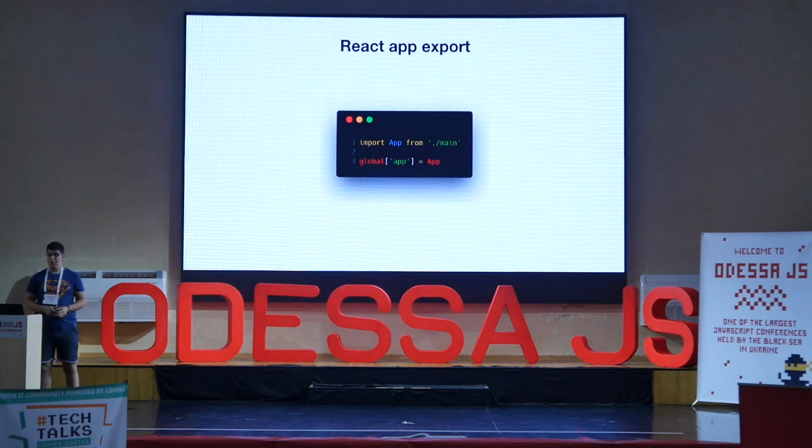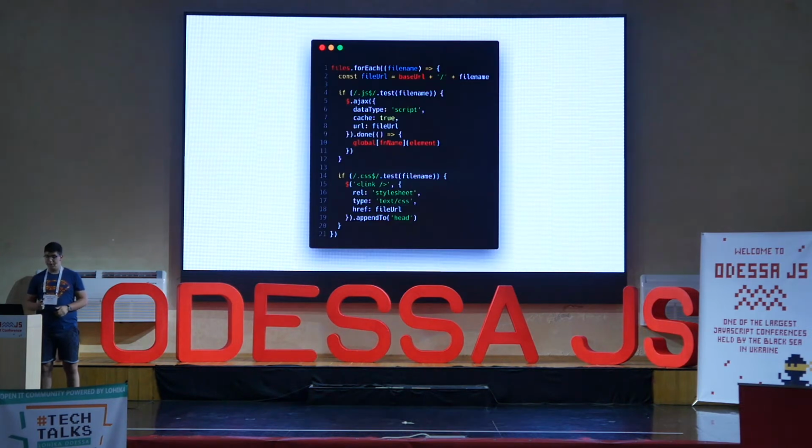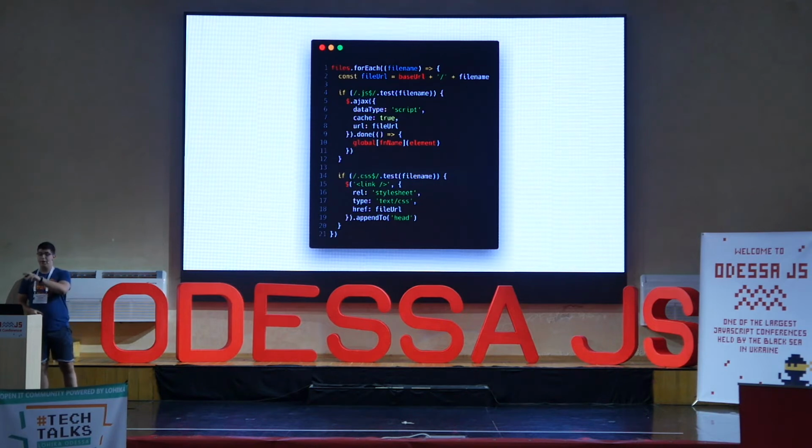And in your main.js, you just export this named global app, equal to app. When we're back here, on line 10, the code calls global app and passes the element, and that's how the code will be rendered on the page.